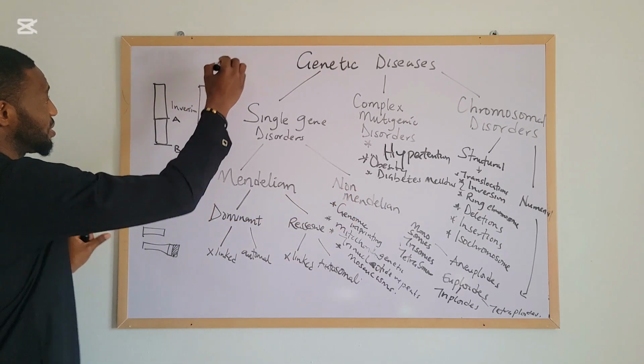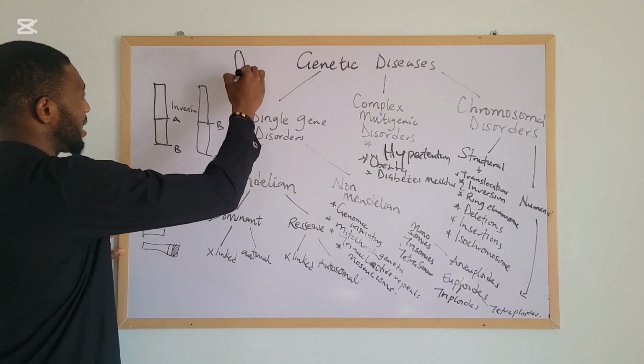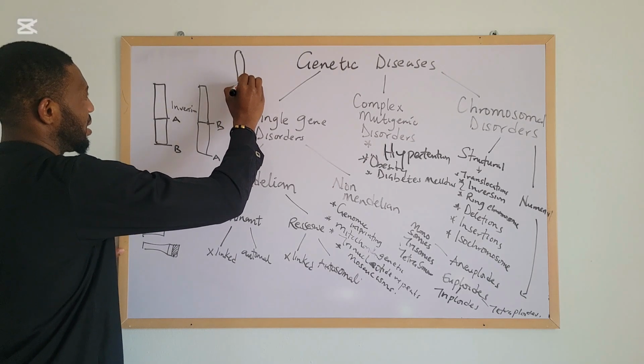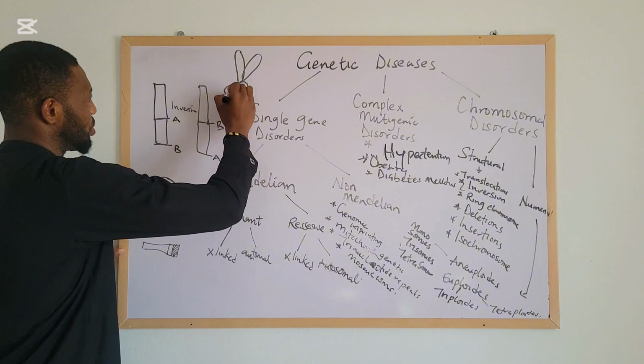Ideally, a chromosome is supposed to be like this, having a long portion and a short portion, and a long portion and of course a short portion.